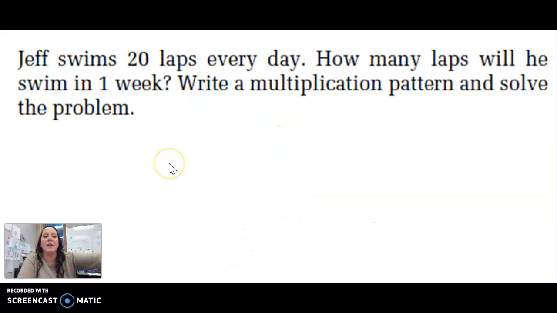One more problem. If Jeff swims 20 laps every day, how many laps will he swim in 1 week? Well, we have to know how many days are in 1 week, and we know that 7 days is equal to 1 week.